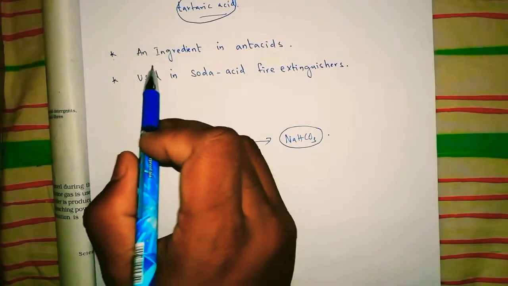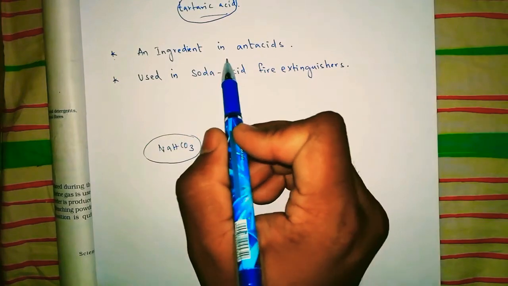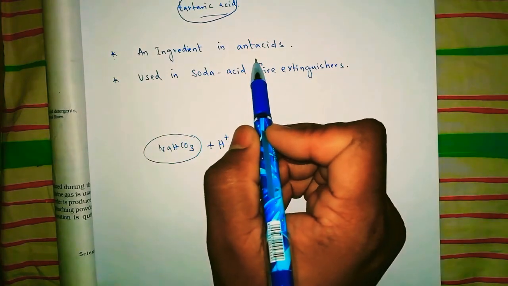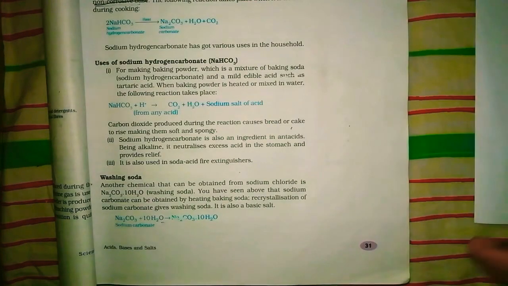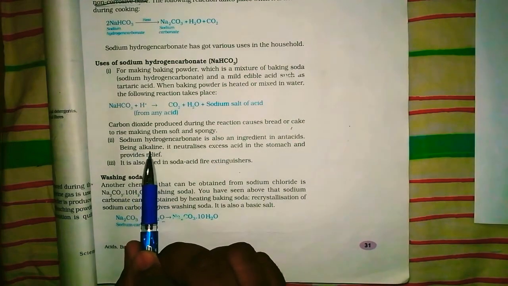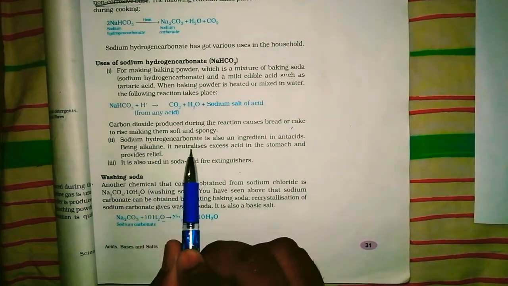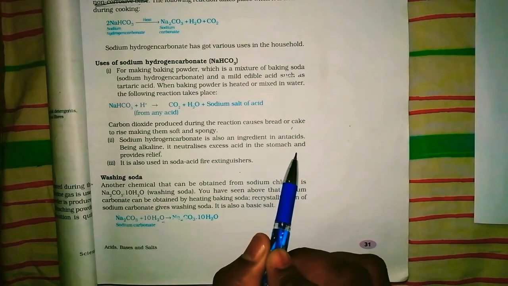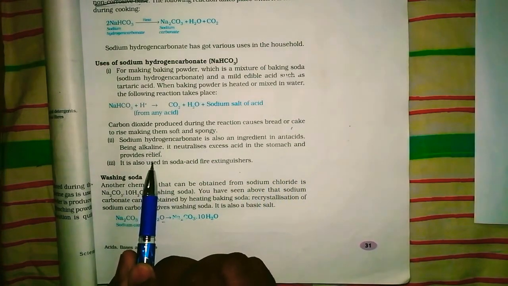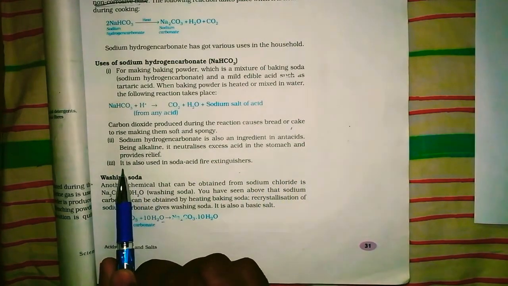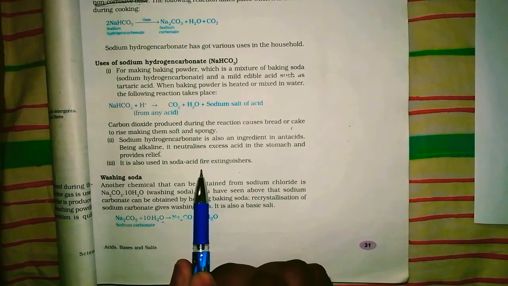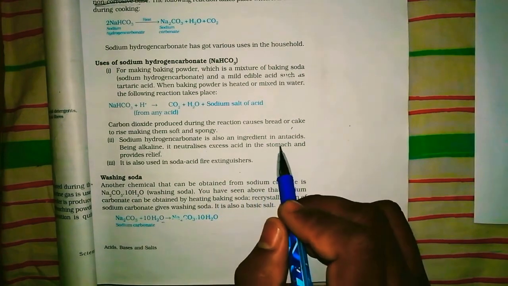And it is also used as an ingredient in antacids, because being alkaline, it neutralizes the excess acid in the stomach and provides relief. And it is also used in soda acid fire extinguishers.